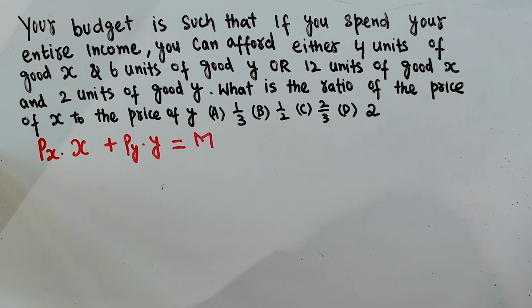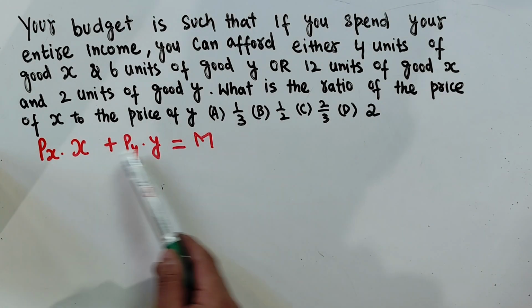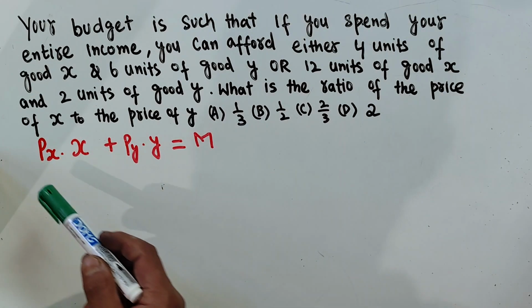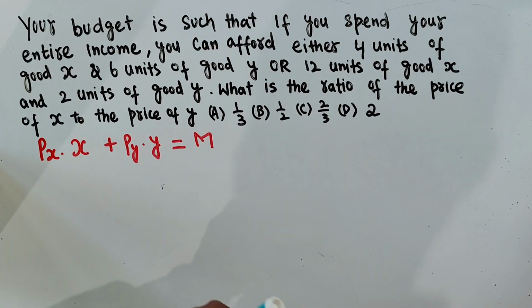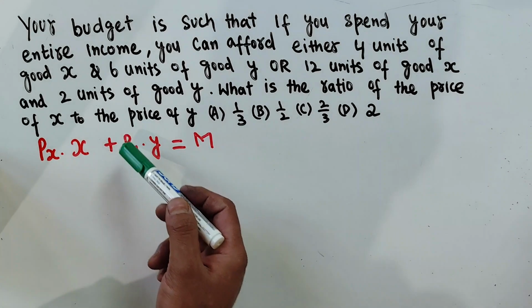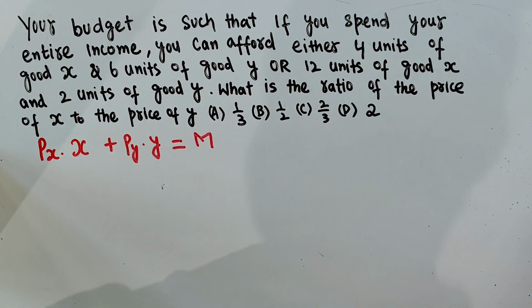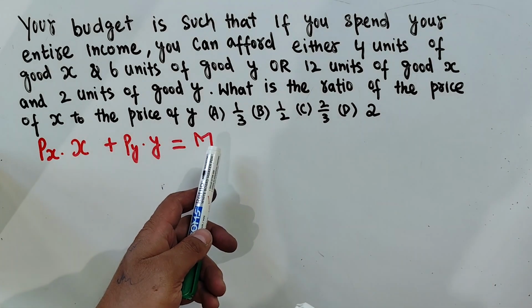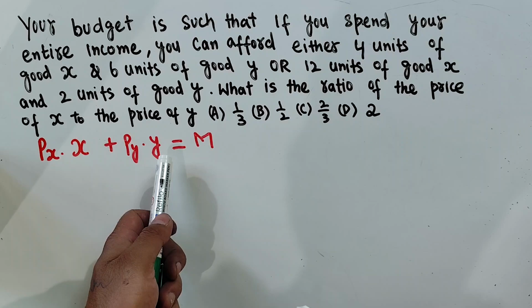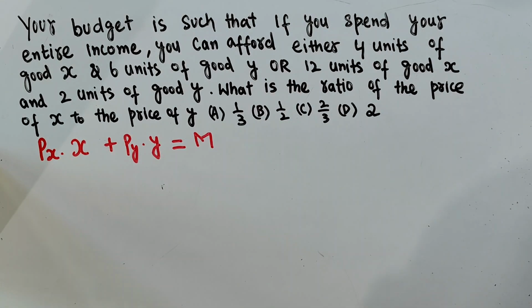So this is our budget constraint, that is price of good X times units of good X bought plus price of Y times units of Y purchased should be equal to the income. That means total income should get exhausted by spending on these two goods.